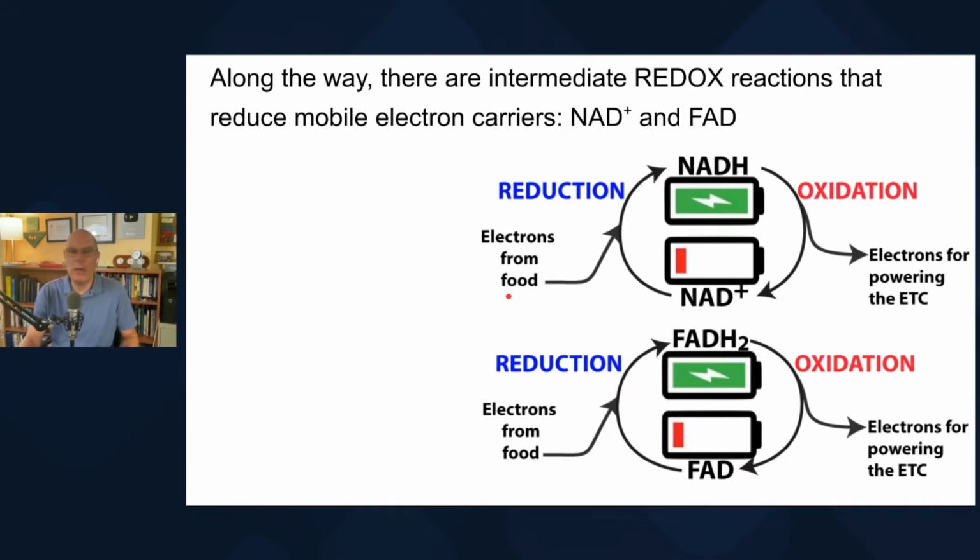Along the pathway of cellular respiration, which involves many reactions, there are intermediate redox reactions that reduce mobile electron carriers. And as they are reduced, they get transformed into their reduced counterparts. NAD plus is reduced to NADH.